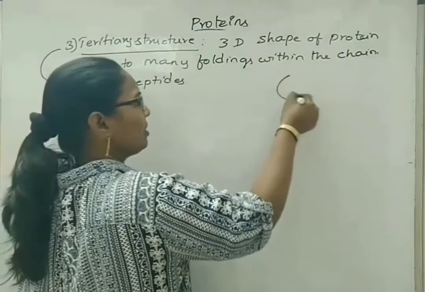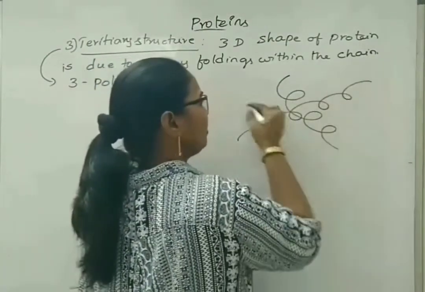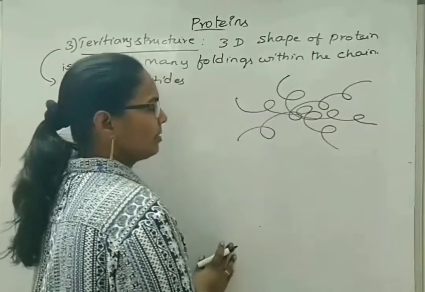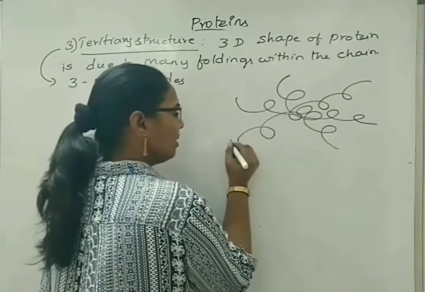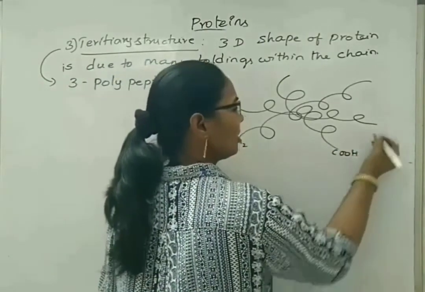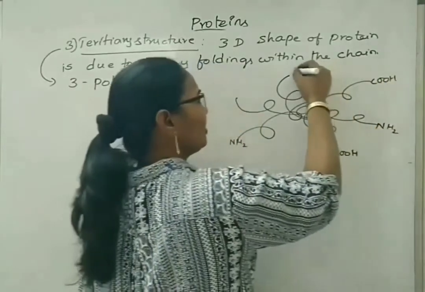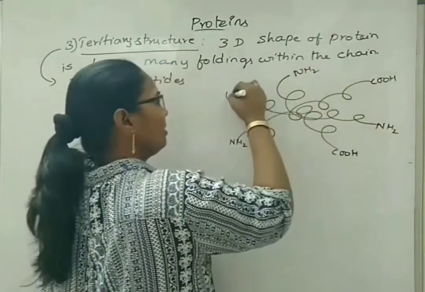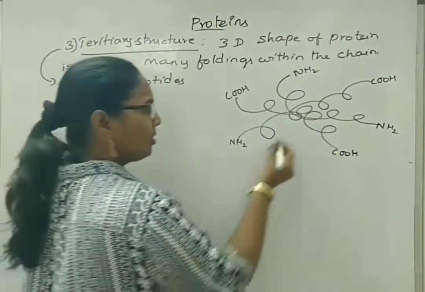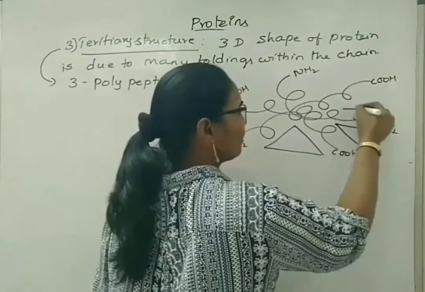So I am drawing the structure: one alpha helix form, another alpha helix form, another alpha helix form. The structure is arranged like this. Here we have to remember, if one end has an amino group, the other end has a carboxylic group; the next has amino, the other carboxylic group; the other amino, the other carboxylic group. The structure is arranged like this because these gaps are called active sites.